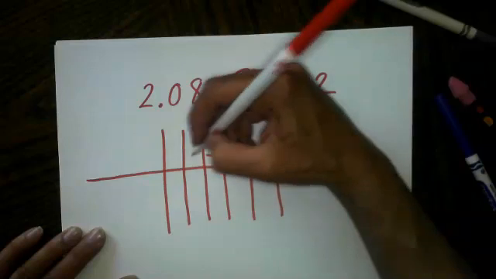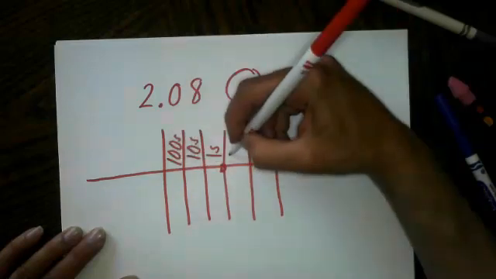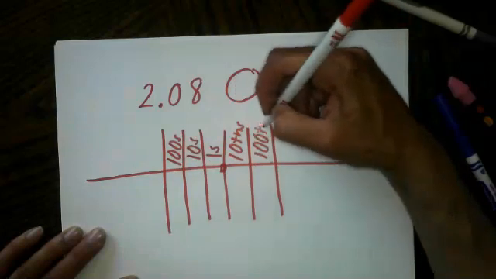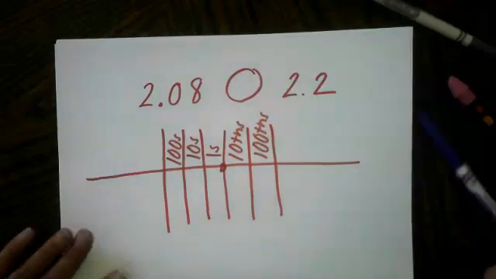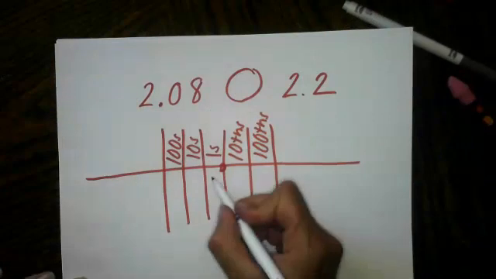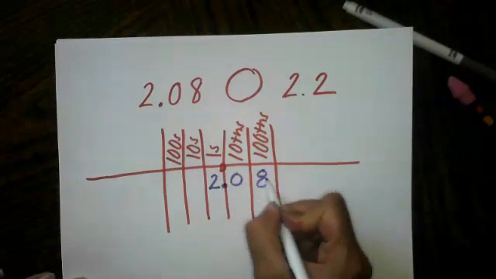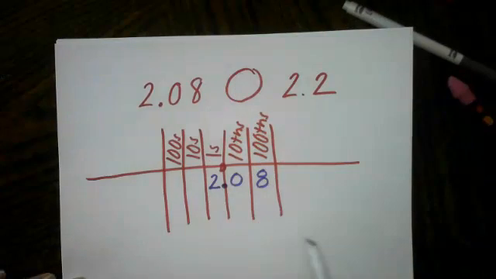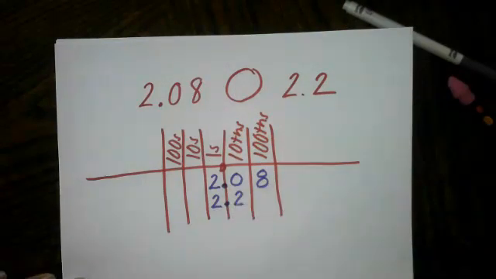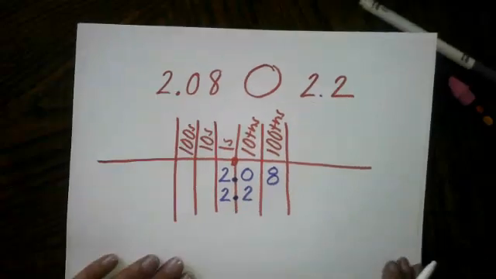My ones, tens, hundreds, tenths, and hundredths. All right, let's start with this number, 2 and 8 hundredths. And then my next number is 2 and 2 tenths. Let's start with the largest value and see what we can figure out.